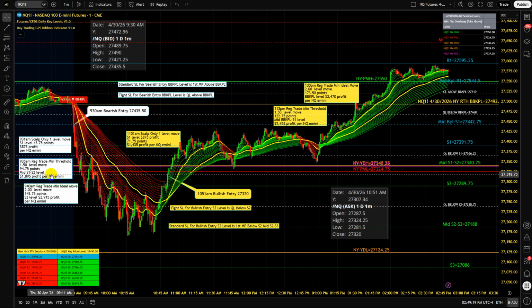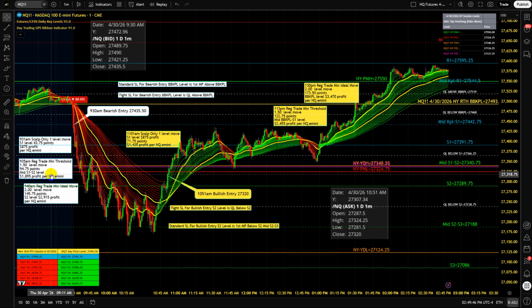Okay, so you can either exit 100% of your contracts at the 1.5 level move, just like you did with scalp, or you can keep all your contracts and adjust your stop loss to break even, or break even plus the profit buffer. The third alternative applies if you are either trading 3 or more regular E-mini contracts or 3 or more micro contracts.